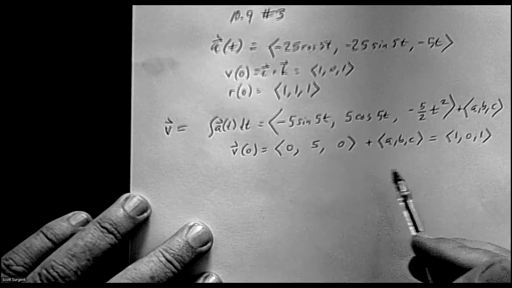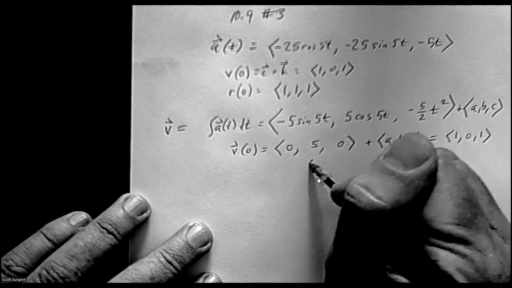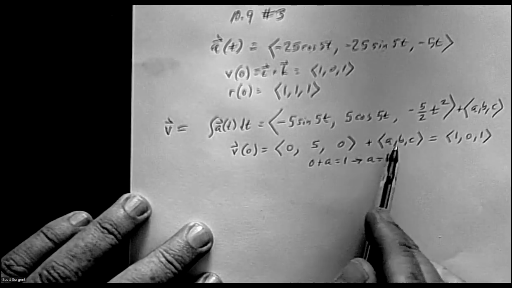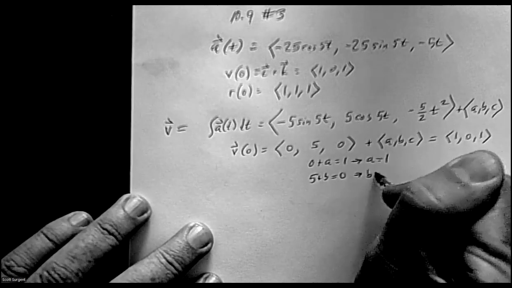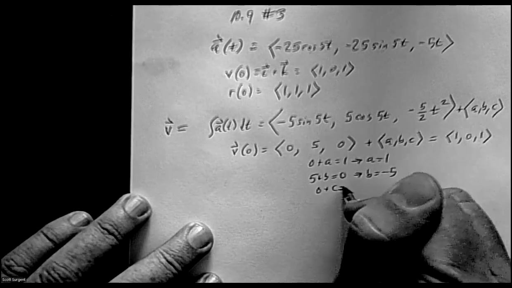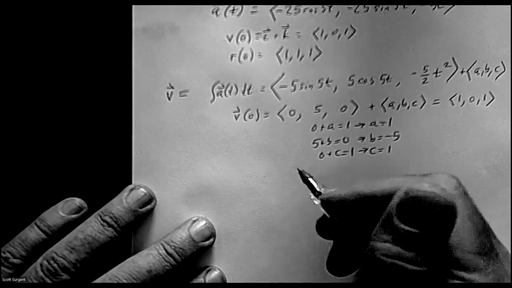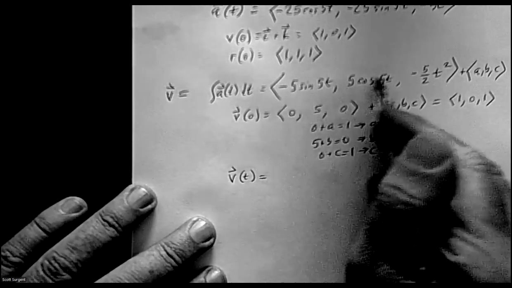And so what we have here is 3 equations. We have 0 plus A is 1. So A is 1. 5 plus B is 0. So B is negative 5. And then 0 plus C is 1. So C is 1. So your velocity vector entirely would come back to the original here.